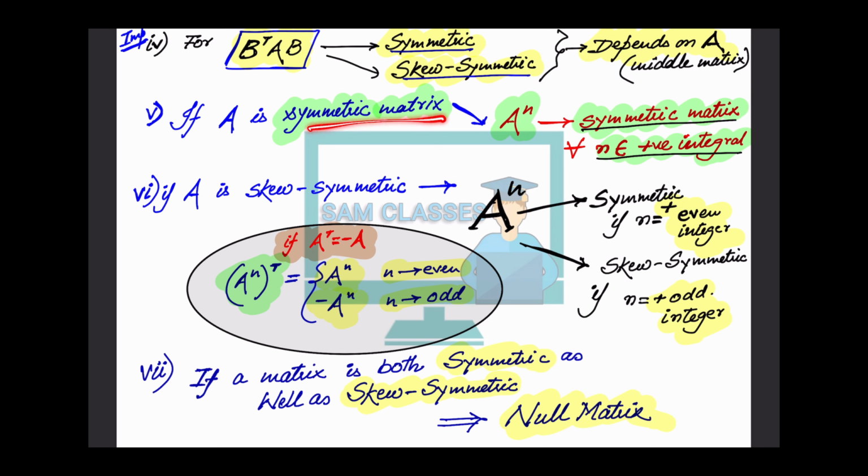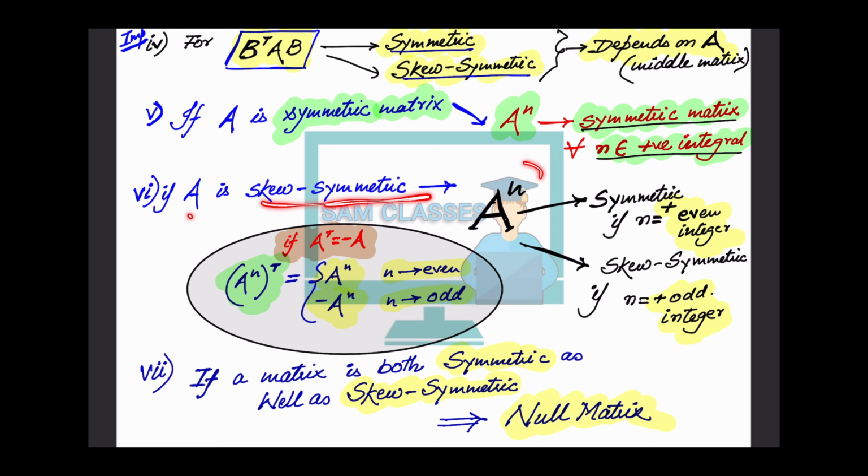Now, if A is a symmetric matrix, then A power n will be symmetric if n is a positive integer like 1, 2, 3. Clear? If A is a symmetric matrix, A power n will be symmetric, students, for all positive integers.